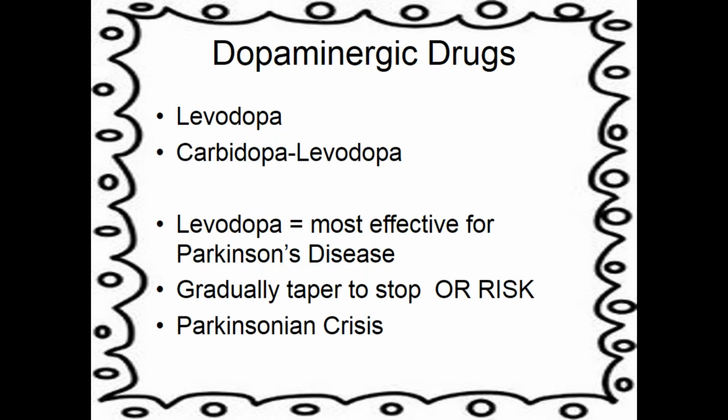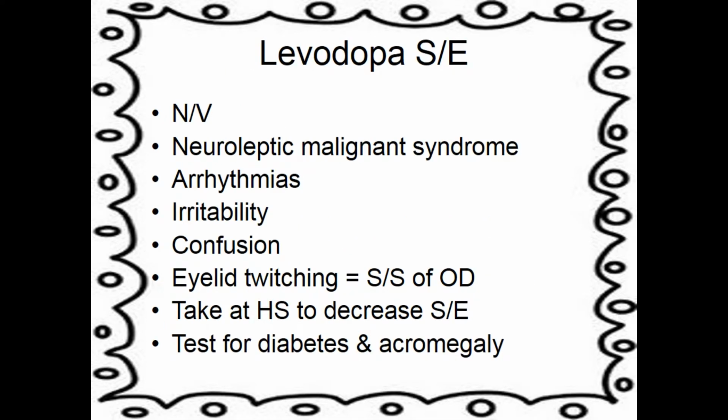So the combination drug is the best for the patients. And a Parkinsonian crisis includes acute akinesia, which is a life-threatening complication that is related to the loss of the ability to move all muscles or being frozen in place.